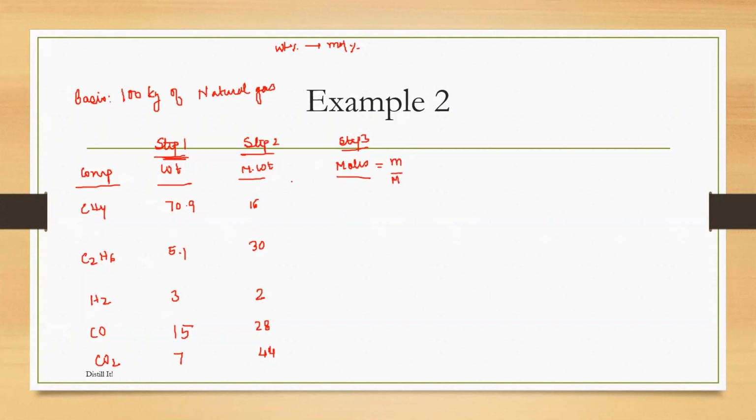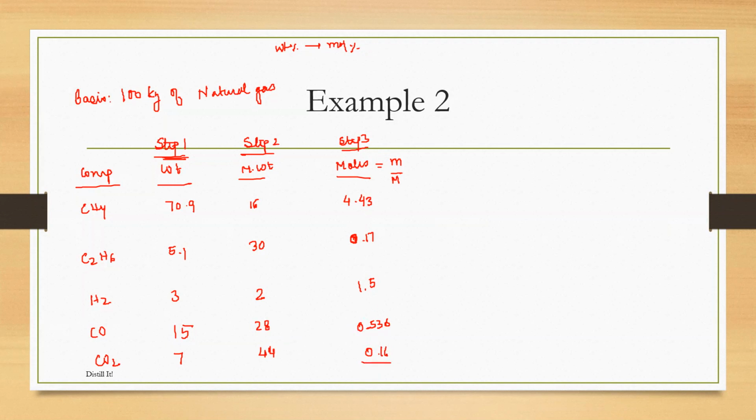So 70.9 upon 16, that is 4.43. This is 0.17. This is 1.5. Then this would be 0.536. And we would finally get 0.16 over here. All right.